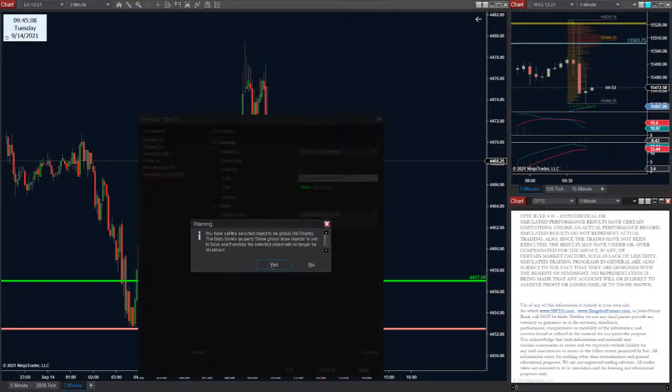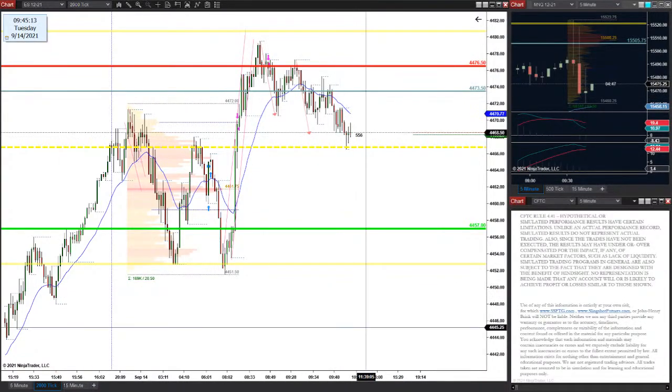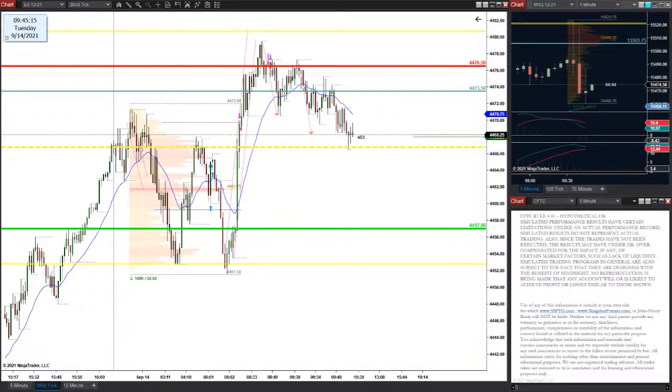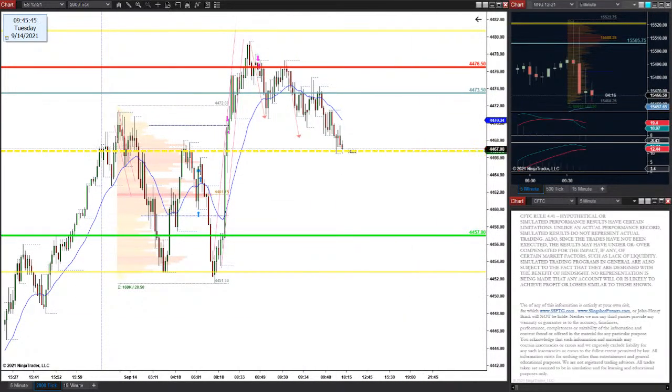Swap that back to 15-minute, zoom back out, and then go back over here. We can see how that's playing a role in what's going on. You'll also notice where my exits started coming in. Again, it's nice when everything lines up, isn't it? If the market's going to fail out of one side, it's probably going to go to the other, right?